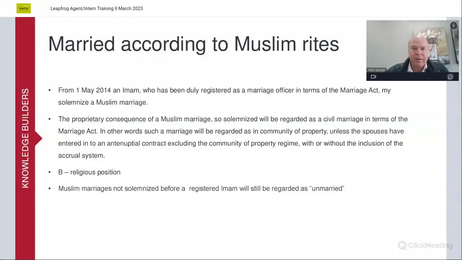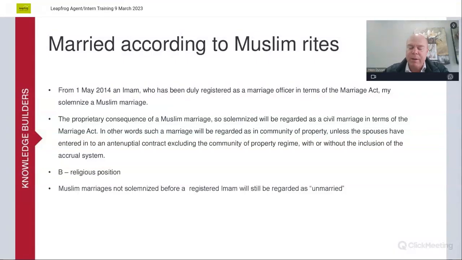They won't be married according to Muslim rites. So as soon as the parties received a marriage certificate from the Department of Home Affairs, they are married according to the laws of South Africa, either in community of property or out of community of property.